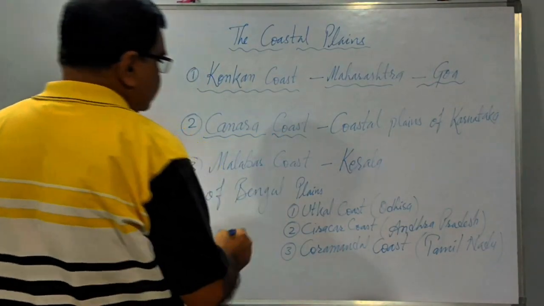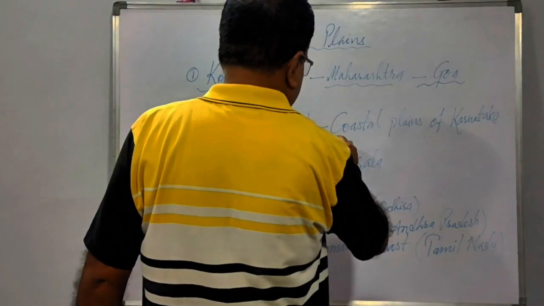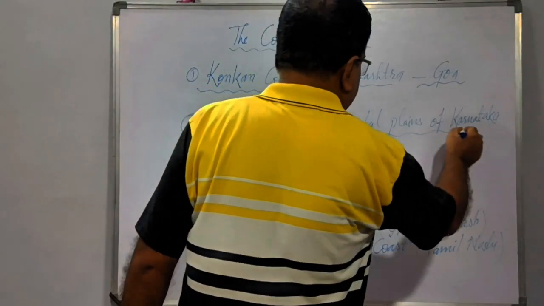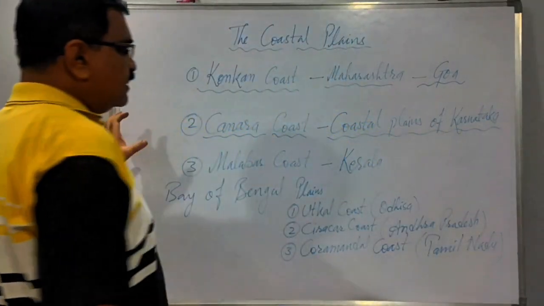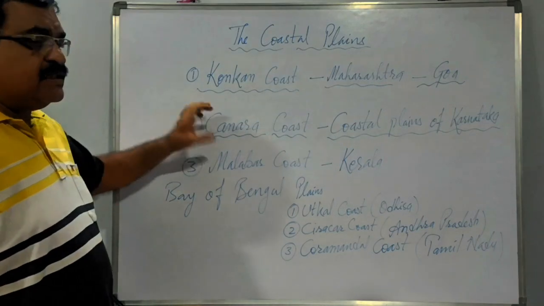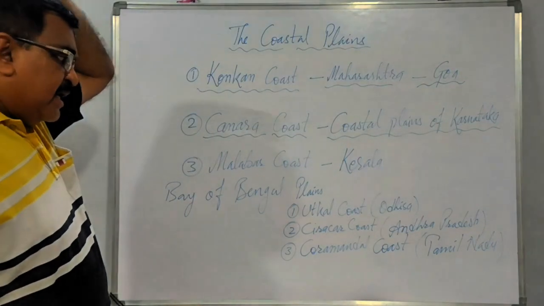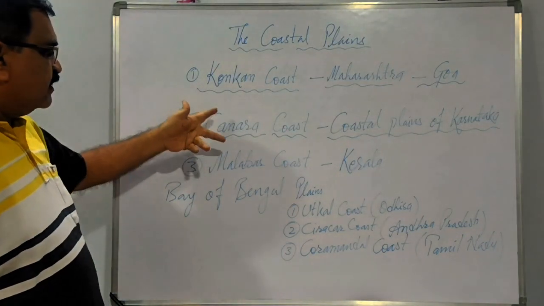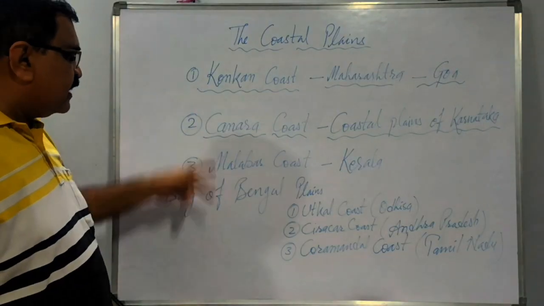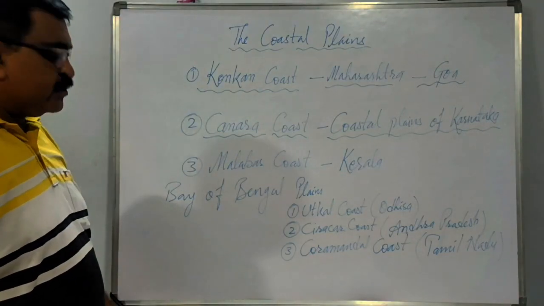The Canara coast extends over the coastal plains of Karnataka. All the regions of Karnataka which are situated nearby the coastal area come under the Canara coast.